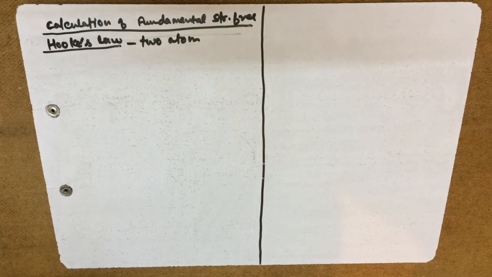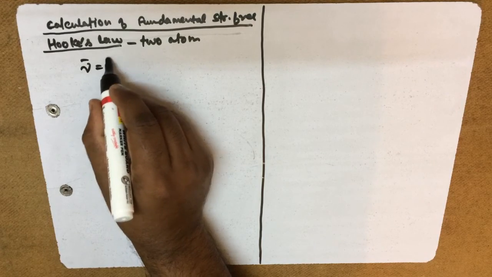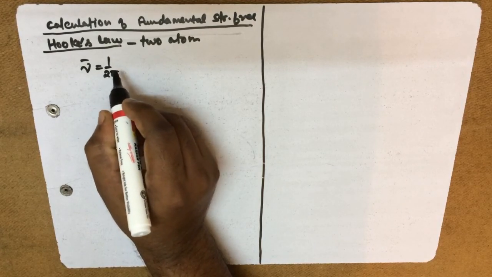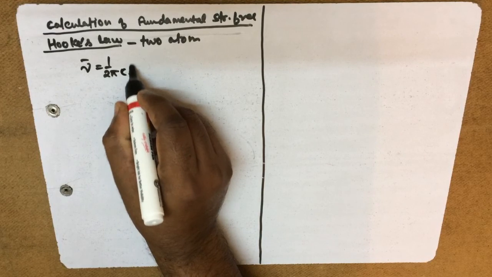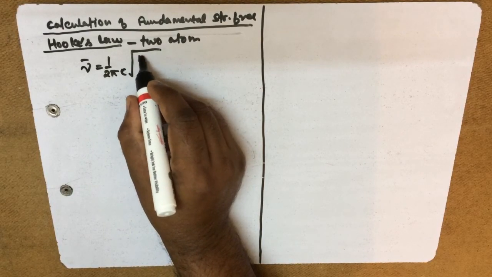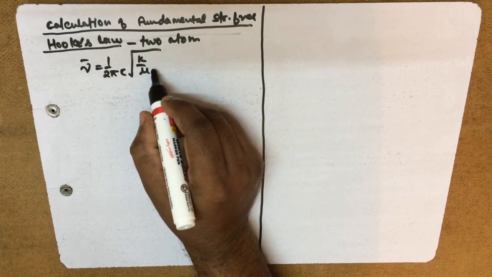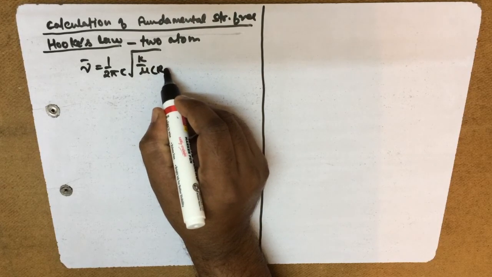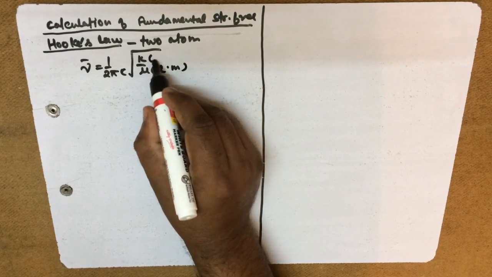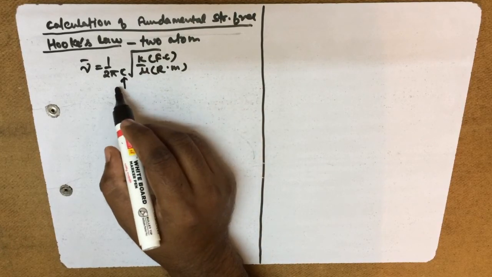This is actually the physics law, and the stretching frequency is equal to 1/2πc times the square root of k upon mu, where mu is the reduced mass, k is the force constant, and c is the speed of light.